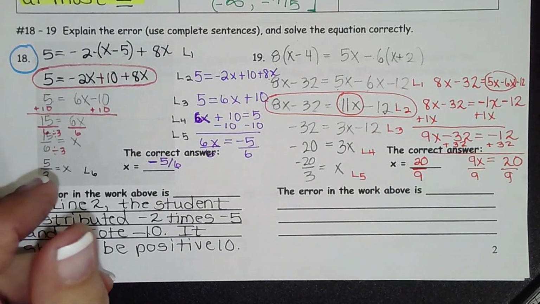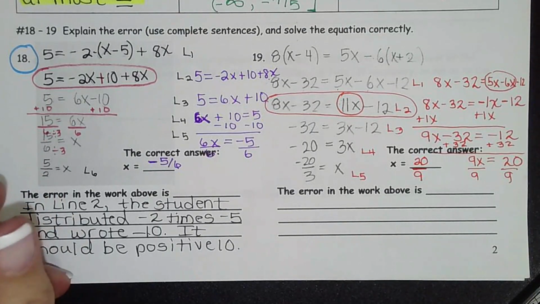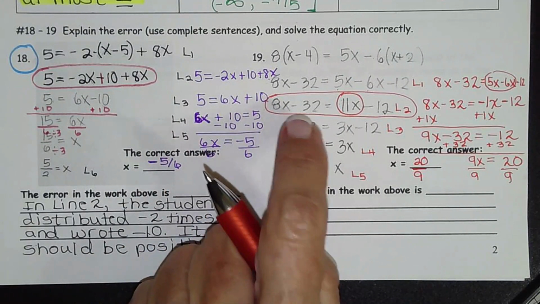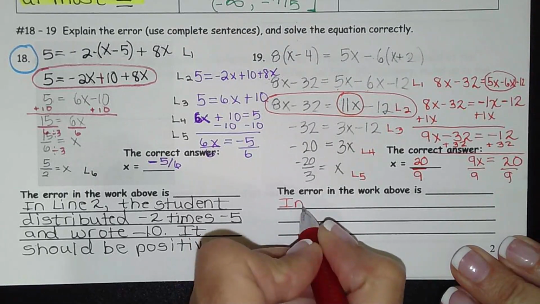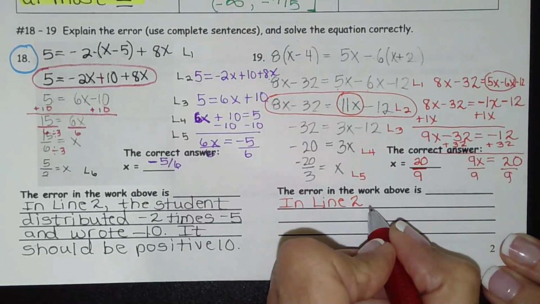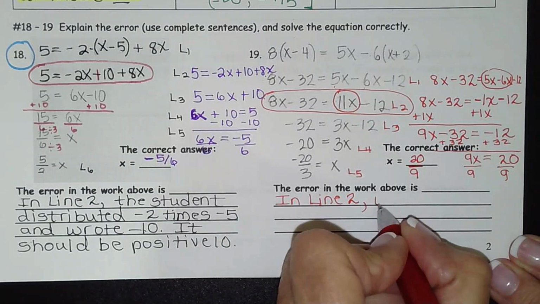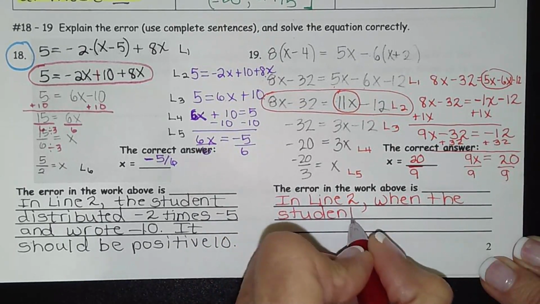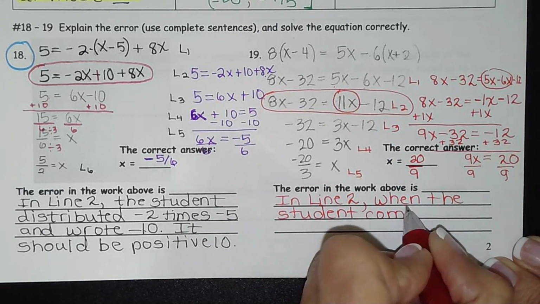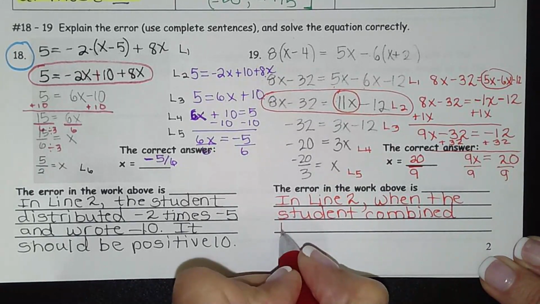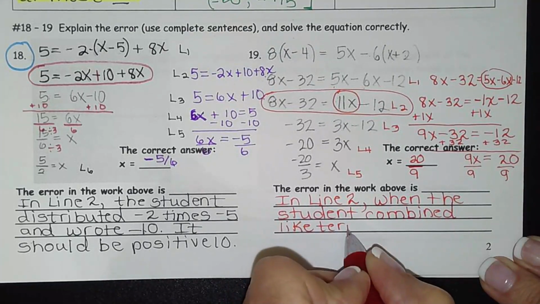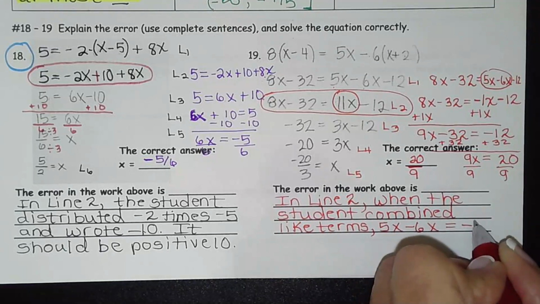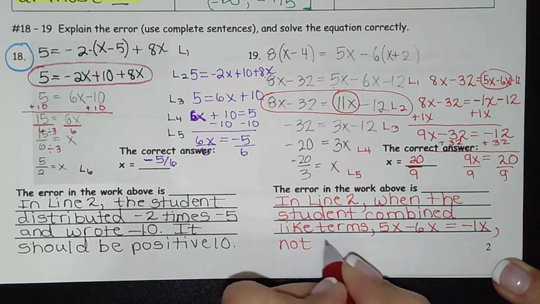So now we have to write it in words. Let's see, what would be the best way to say that? So in line 2, when the student combined like terms, 5x minus 6x equals negative 1x, not 11x.